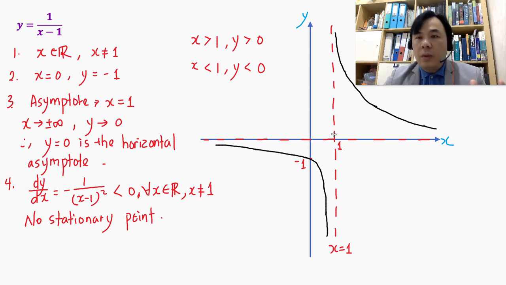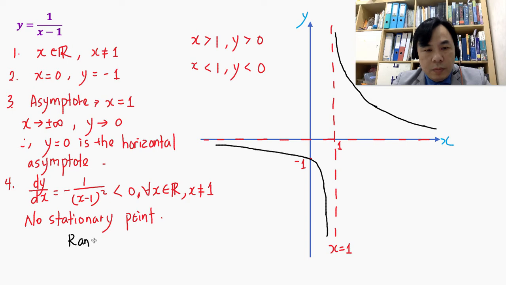We have identified that the graph passes through this intercept here, and there are no specific stationary points here. And then lastly, before I forget, I always forget this. If you want to determine the range itself, the range can be identified quite easily.